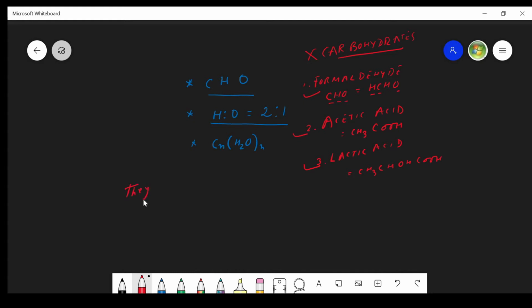Carbohydrates are optically active polyhydroxy aldehydes or ketones or producing similar units.